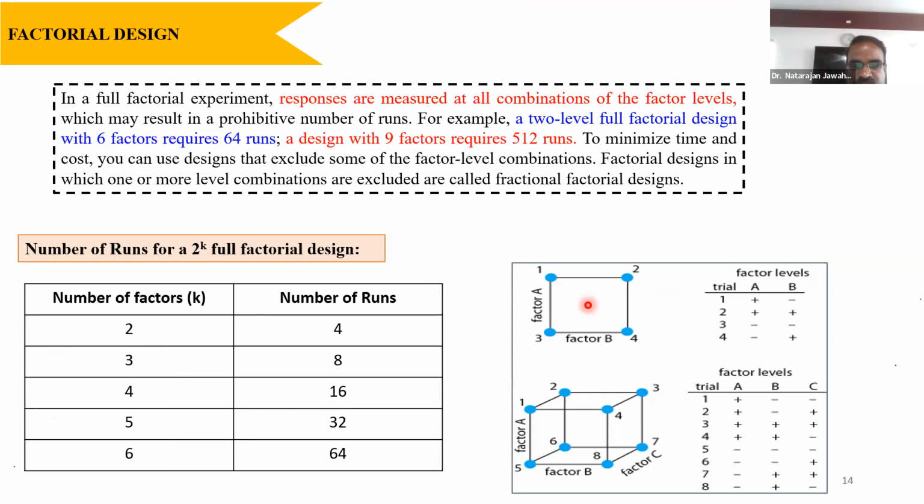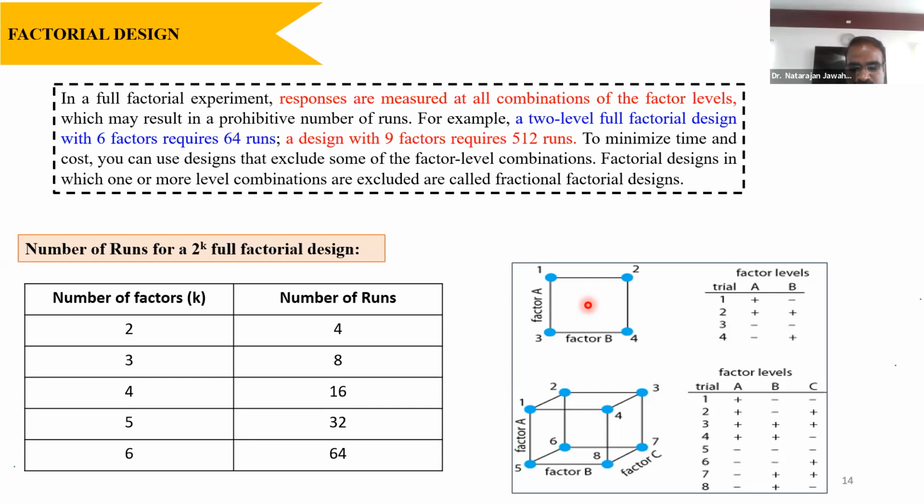Then I will divide into 4 columns. Then I will get these many levels. In the first point, I'm having A at high level and B at low level. Similarly, 2, 3, 4 also you will get. These are the levels.